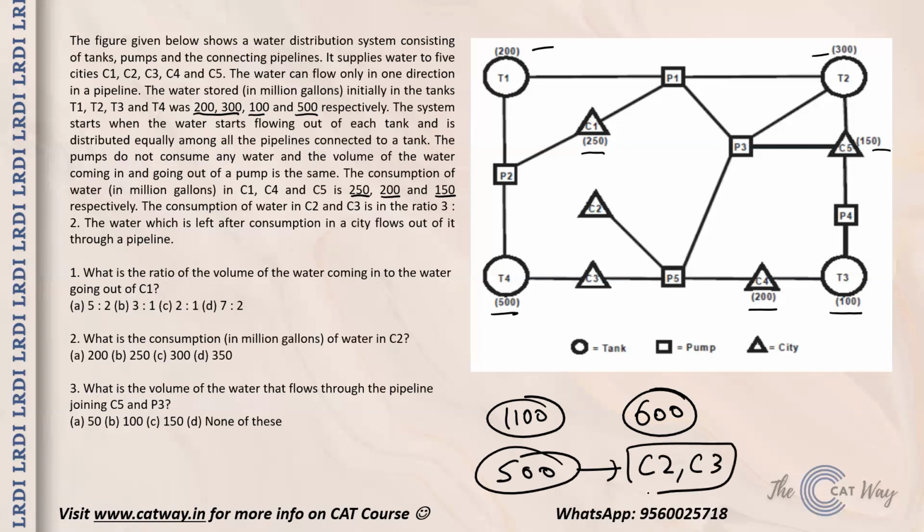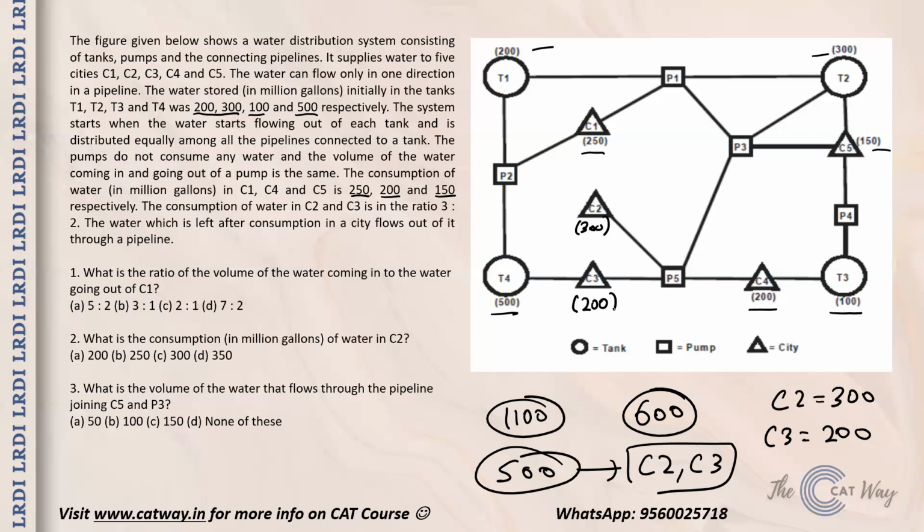The ratio of C2 and C3 has been given to us as 3:2. So C2 will have 300 million and C3 will have 200 million. So C2 we can mark as 300 and this we can mark as 200. Now everything is known to us.